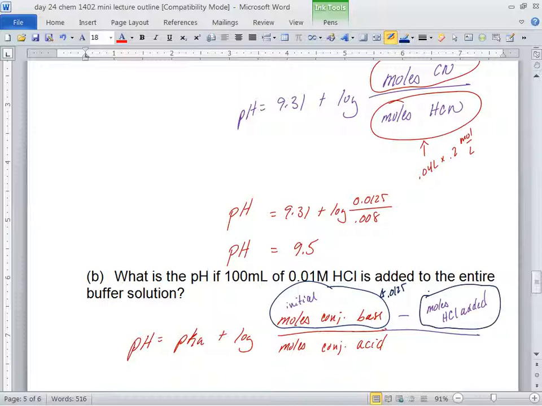How do you get that again, Jose? How do you get the moles of HCl added? Exactly. 0.1 liters times 0.01 moles per liter. That would be that one.